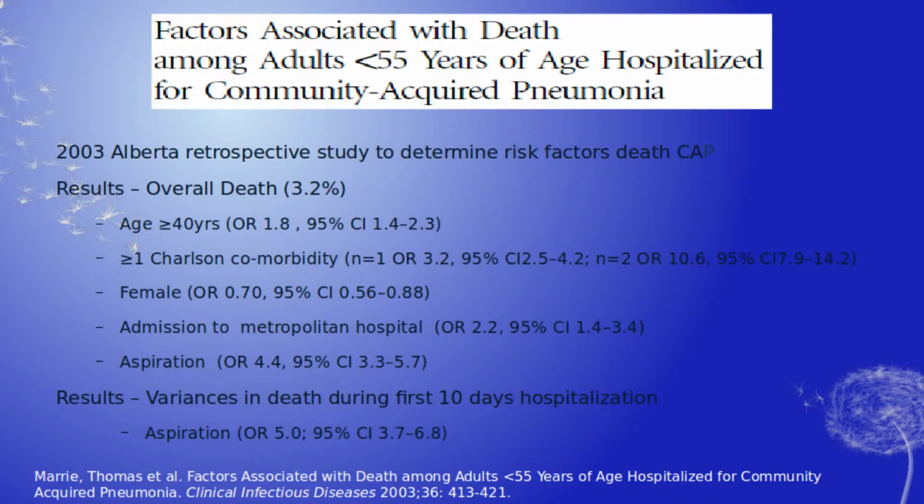So another study done in Alberta wanted to look at the factors that are associated with mortality from pneumonia in young adults. The overall death rate in this population tended to be a little bit higher than we would expect to see, but they did identify independent predictors of mortality, and these were age being greater than 40, being sick, female was actually a protective factor, admission to a hospital, and that's just basically because bigger hospitals tend to get the sicker cases from out in the periphery, and aspiration.